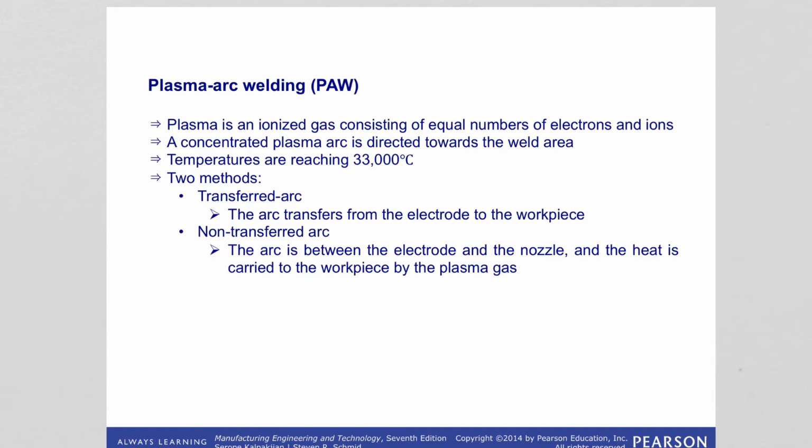An inert gas is forced through this constricted arc, where it is heated to a high temperature and forms a hot, fast-moving plasma. Plasma is basically an ionized gas consisting of equal numbers of electrons and ions. The emerging stream of this ionized gas then transfers its heat to the workpiece and melts the metal.